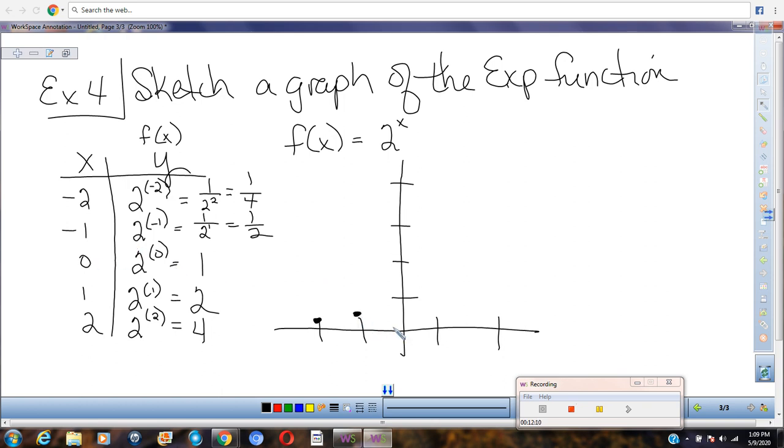We have 0, 1. We have the point 1, 2, so 1 and up 2. And then we have the point 2, 4, over 2 and up 4. We're going to connect our dots. All right, and again, that curve's going to be very close to our x-axis, but never crossing it.